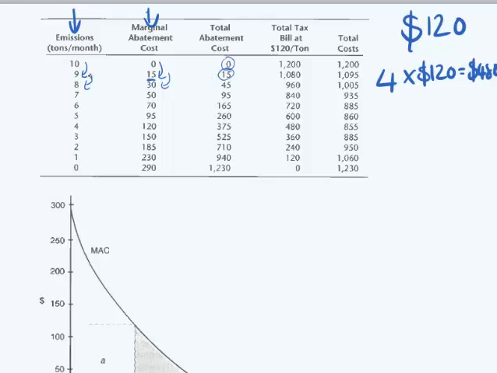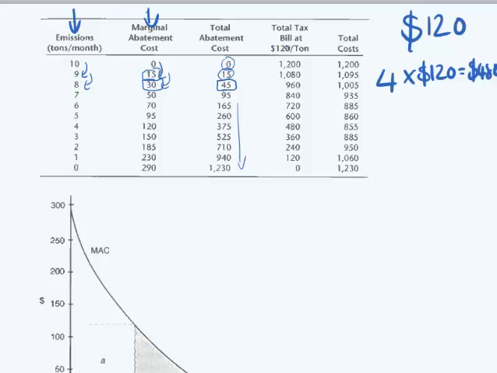At 2 units it's 45 to reduce by 2 units. Why? Because the first unit was 15 and the second unit was 30, and 15 plus 30 gives me 45, and so forth. So you can also see total abatement cost will obviously increase as I get closer to 0.